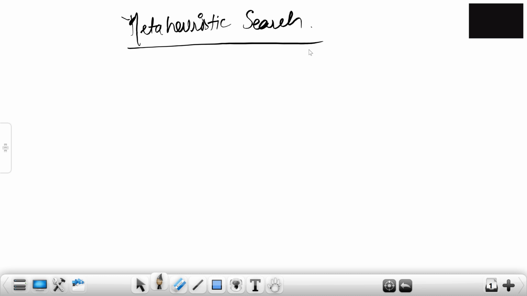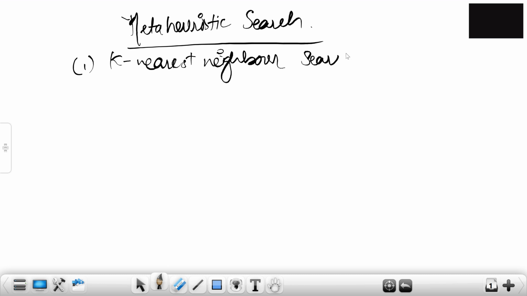This will include different searching techniques, like nearest neighbor approach, simulated annealing search, taboo search, hill climbing, and so on. Out of all these, we're going to see only two of them today. The first one would be K nearest neighbor search. That is one kind of search technique.